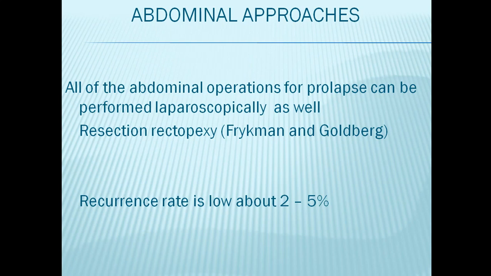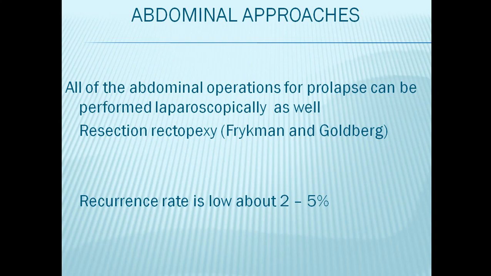Abdominal approaches. All of the abdominal operations for prolapse can be performed either open or laparoscopically. So in resection rectopexy, the redundant sigmoid colon is excised and the anastomosis is maintained.